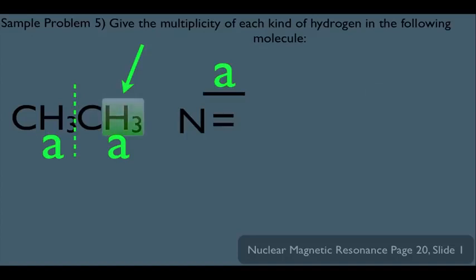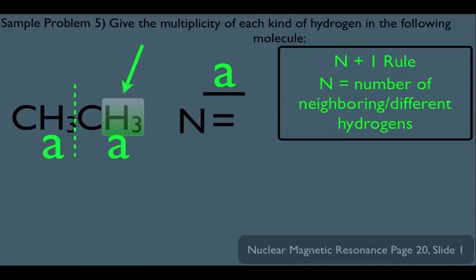But remember, the N plus 1 rule says that N is the number of neighboring different hydrogens. Notice these hydrogens in the green box are not different from the A hydrogens. They are actually A hydrogens. So since they're not different, we don't count them, meaning the N value for the A hydrogens in this case is 0.